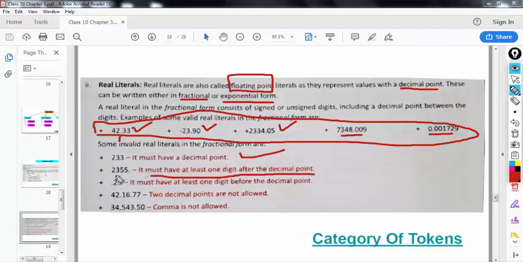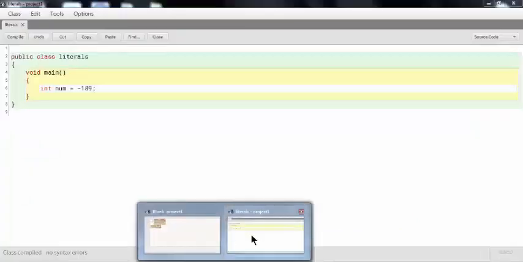That is, you cannot write 2355 point. Third point is that you must have at least one digit before the decimal point. Fourth one is two decimal points are not allowed, and the fifth one is comma is not allowed. So let us see the practical example for all these points here.